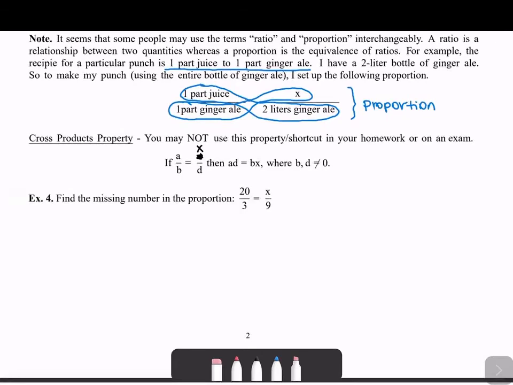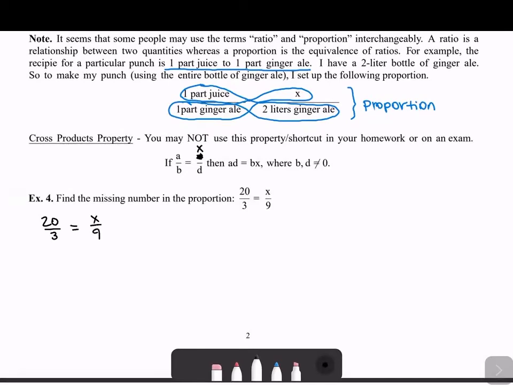Okay, so we want to find the missing number in the proportion 20/3 equals X over 9. So how do we do that? Well, we can do it in different ways. So we've done something similar to this before, earlier in chapter 6. So we are looking at 20/3 is X over 9.